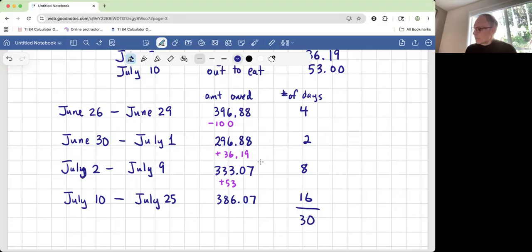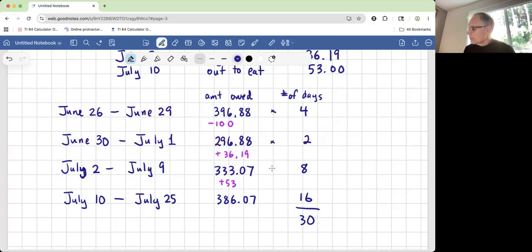Well, then I got to add 333.07 8 times and 386.07 16 times. And I got to add those 30 numbers together and divide by 30 at the end to get my average daily balance. The easier way to do it is to multiply these guys straight across.